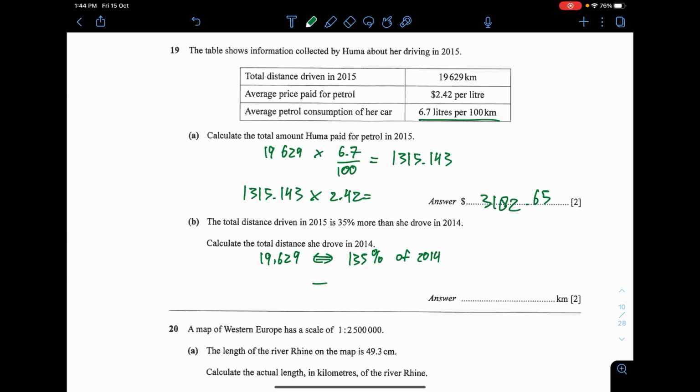What you need is the 100%. So I'll take 19,629 times 100 over 135. Then just multiply, and you will get 14,540 kilometers.